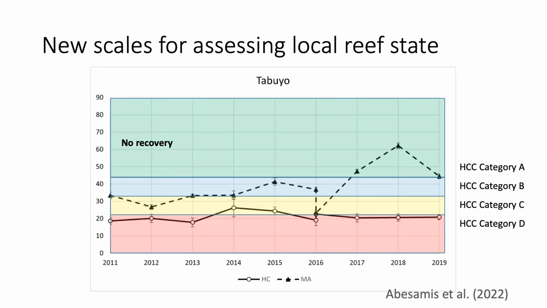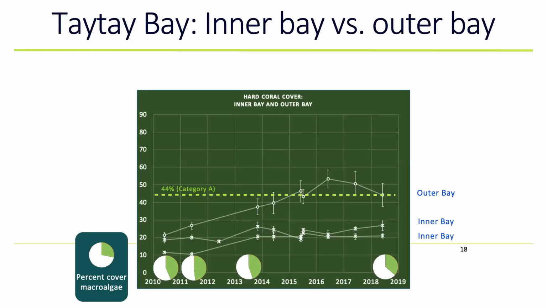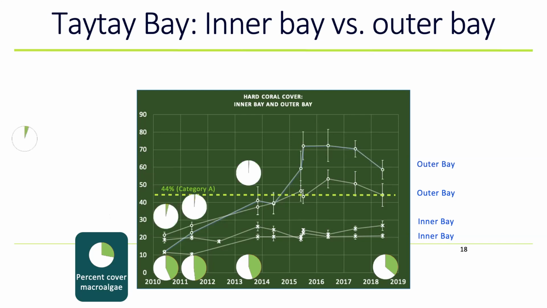Okay, connect na ako. So these are examples from Lian. Okay, and like I said, yung makikita nyo, this is still Taytay pala. This is Inner Bay, Outer Bay. This is Nabat.